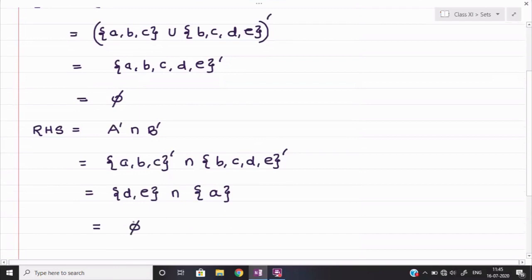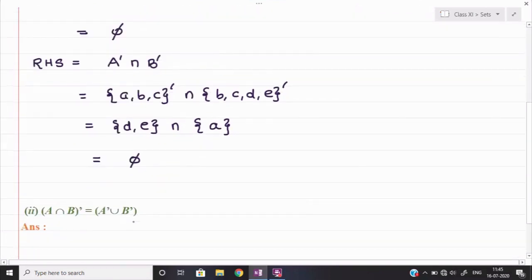So here we can say that LHS is equal to RHS. Since LHS is equal to RHS, therefore we can say that (A union B)' is equal to A' intersection B'.